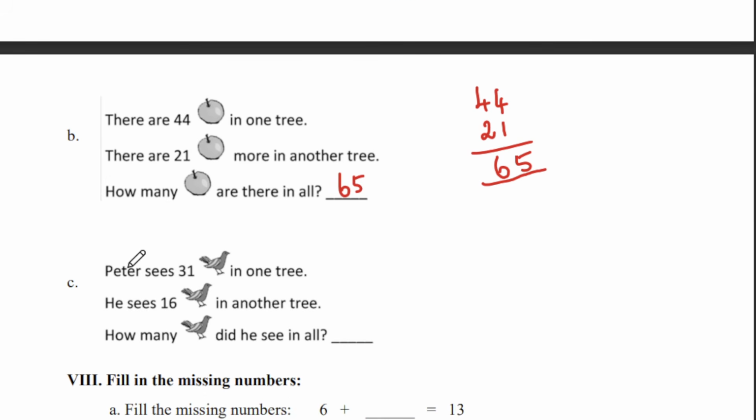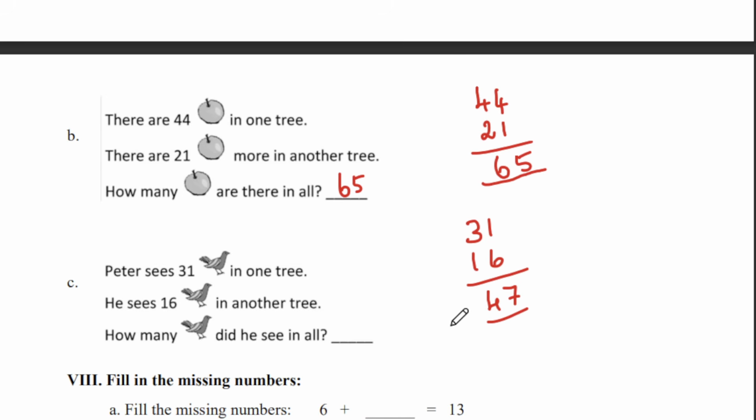Next, Peter sees 31 birds in one tree and 16 birds in another tree. How many did he see in all? So 31 birds in one tree and 16 birds in another tree. 1 plus 6 is 7. 3 plus 1 is 4.